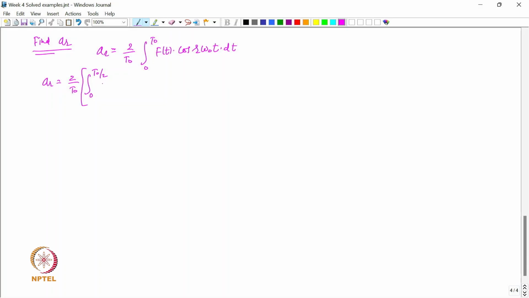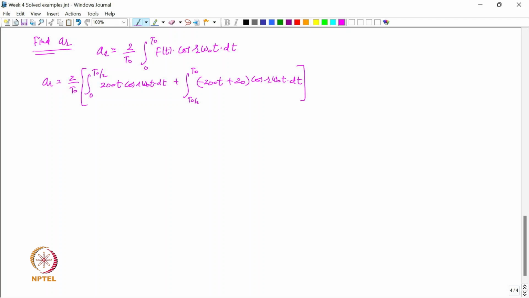So here we are going to say 200 t into cos r omega naught t into dt, correct, plus integration from t naught by 2 to t naught, right, and here you are going to have minus 200 t plus 20 cos r omega naught t dt, right.